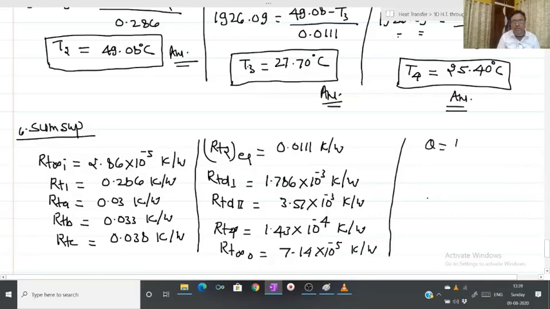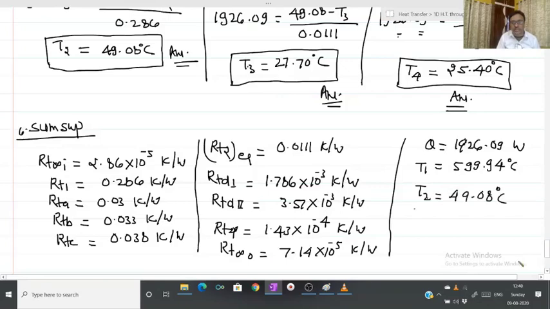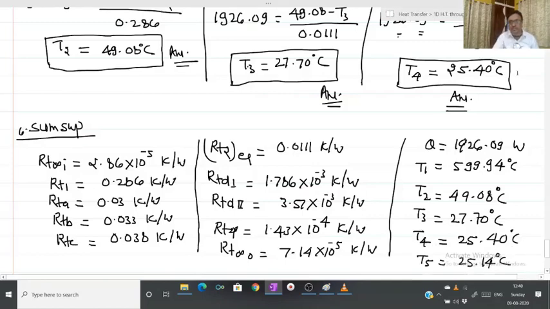We have also calculated heat transfer rate 1926.09 watt, T1 as 599.94 degrees Celsius, T2 as 49.08 degrees Celsius, T3 as 27.7 degrees Celsius, T4 as 25.40 degrees Celsius, and finally T5 as 25.14 degrees Celsius.